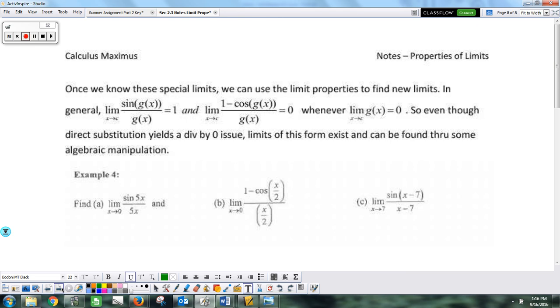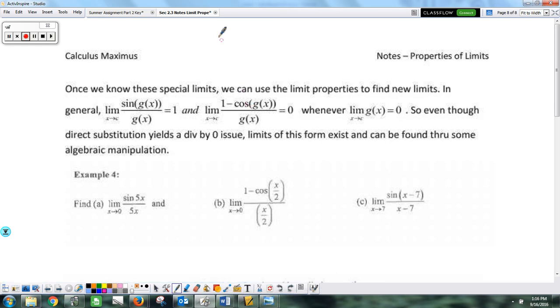If we have not done that yet in a video, you might want to use your calculator to investigate the limit as x approaches some value c of 1 minus cosine of x over x. Let's do 0 here. If you investigate this limit on your calculator, you will see that that limit is equal to 0.